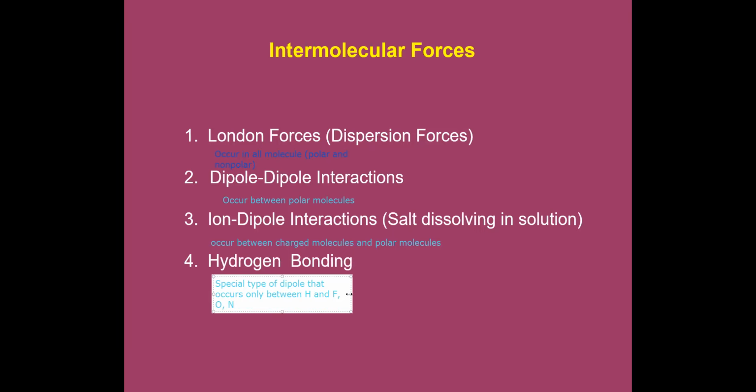So hydrogen has to be present, hence the name hydrogen bonding. It only occurs between hydrogen and fluorine, hydrogen and oxygen, or hydrogen and nitrogen. Hydrogen always has to be there. That's what you want to remember.